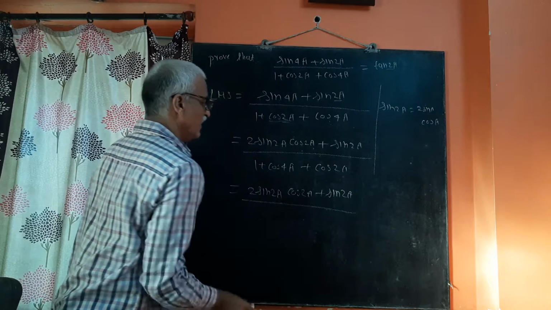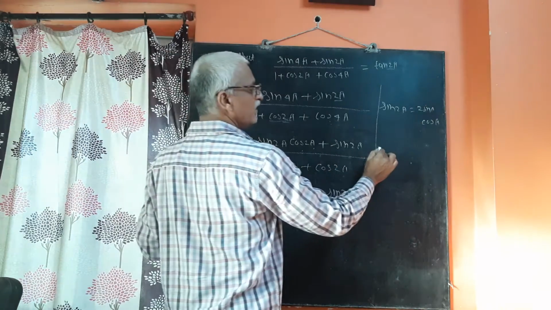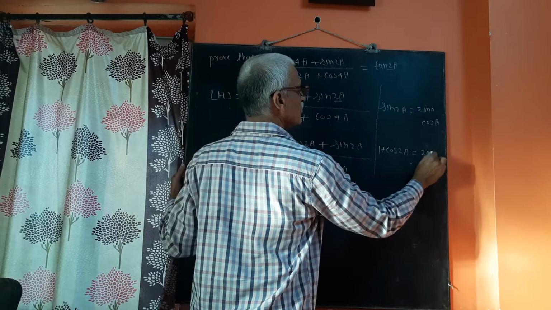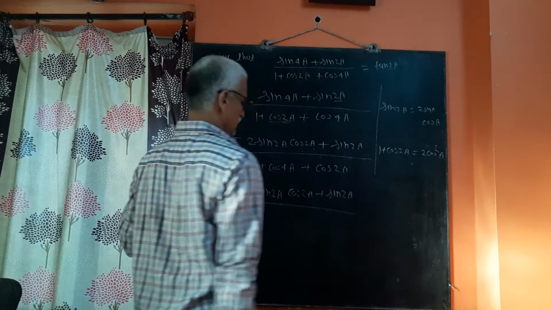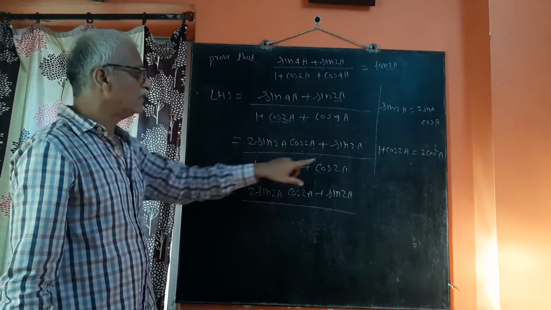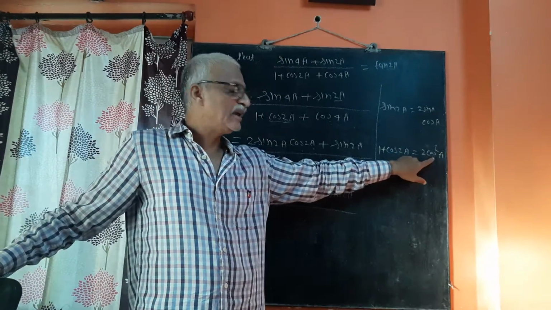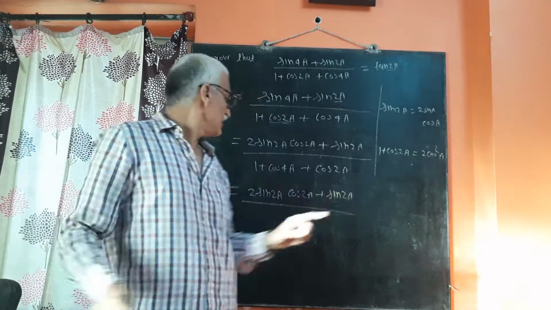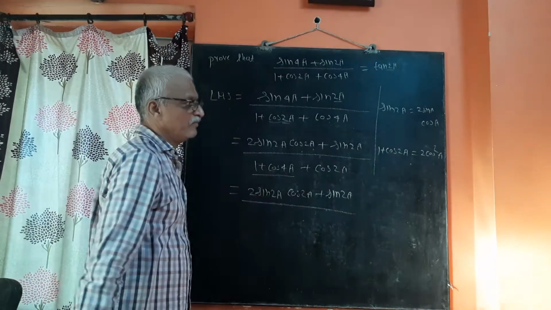Now 1 plus cos 2a is equal to 2 cos square a. In 1 plus cos 2a, this 2a becomes half here, and here it is 1 plus cos 4a.